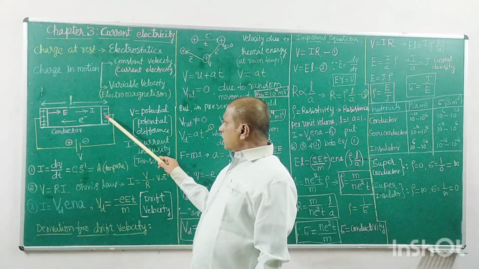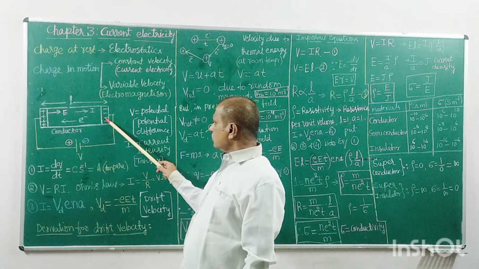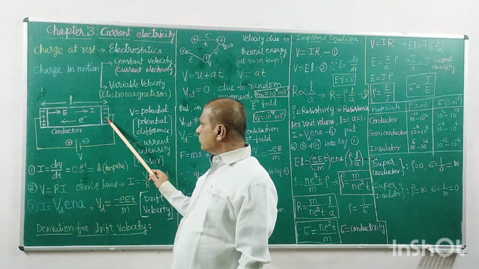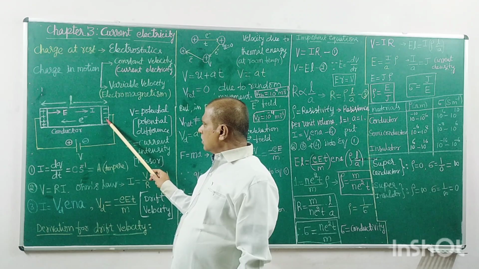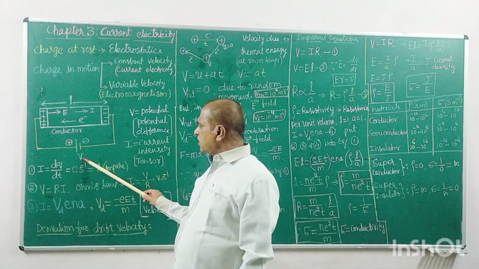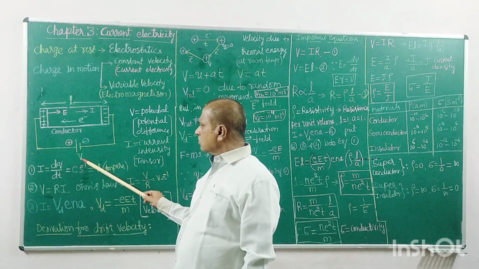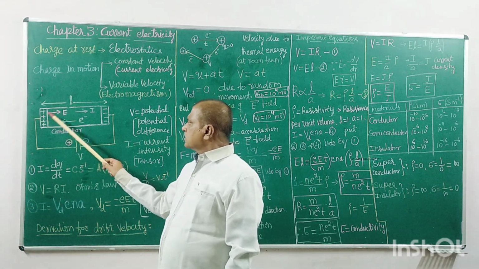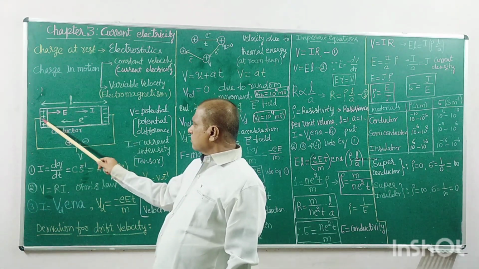So this conductor, a conductor in cylindrical shape, we have applied a potential difference between the ends across the conductor.